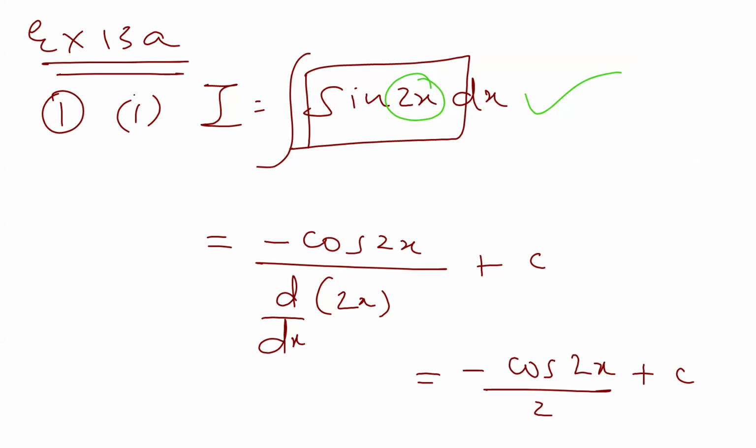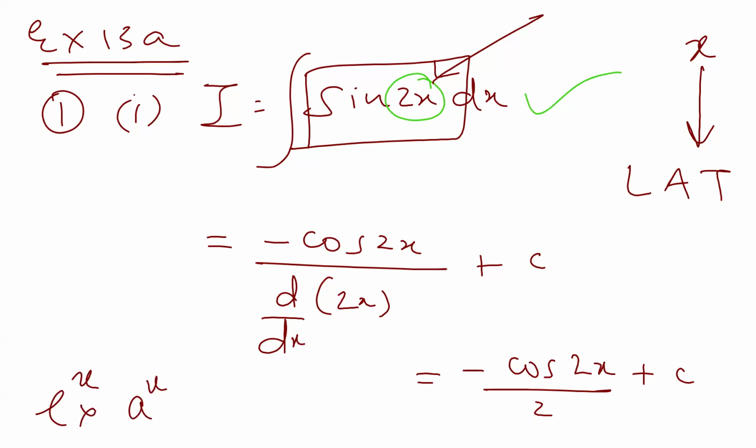Whoever is x in integration, it should be LAT, that means linear algebraic term. It cannot be trigonometric, logarithmic, ITF, or exponential, like e raised to x. It has to be a linear algebraic term.